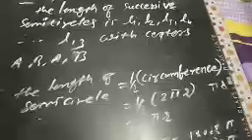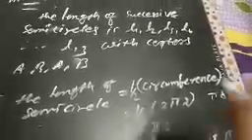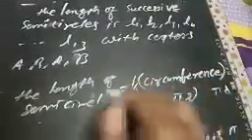The formula of circumference is 2 pi r, or pi d also, which you already learned in 7th standard. If you want to find the length of a circle, it is called circumference. Here it is a semicircle, that's why we take 1/2.